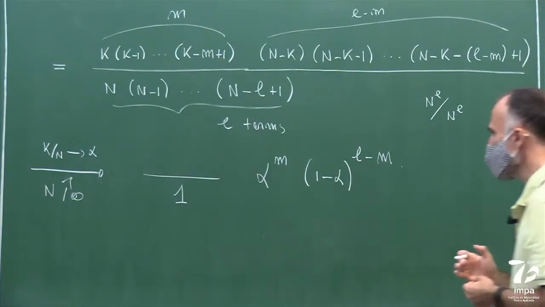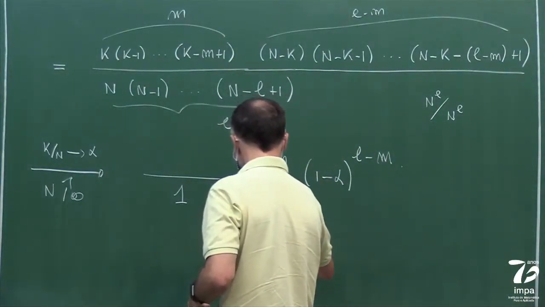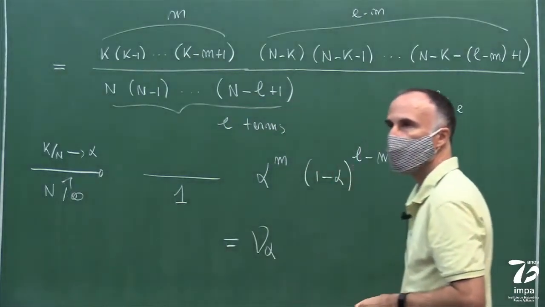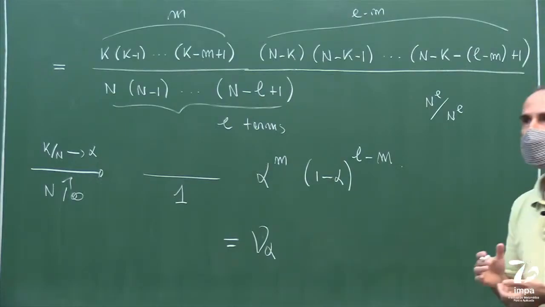And this is exactly equal to, let me take mu alpha, a product measure of Bernoulli variables with density alpha.